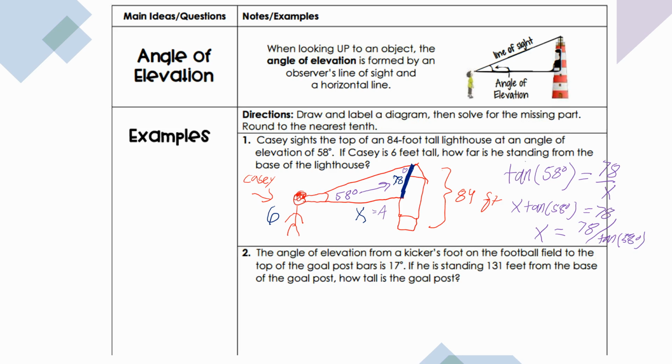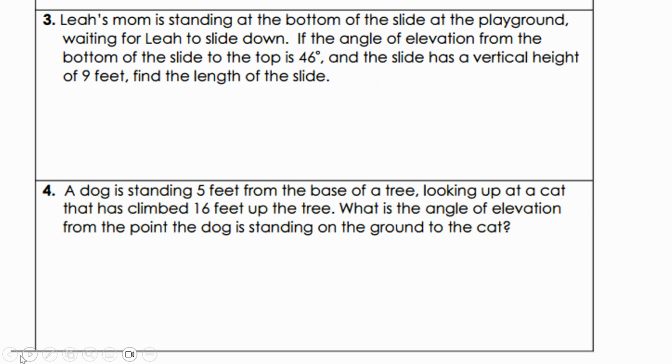Okay, so we put that into the calculator: 78 divided by tan of 58. It says round to the nearest tenth, so that is about 48.7. So that's an example for angle of elevation.